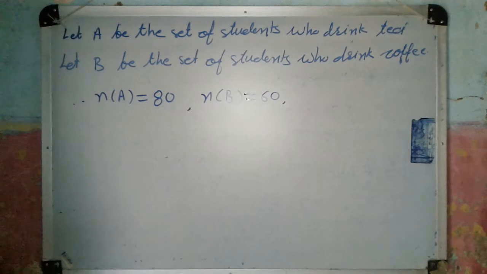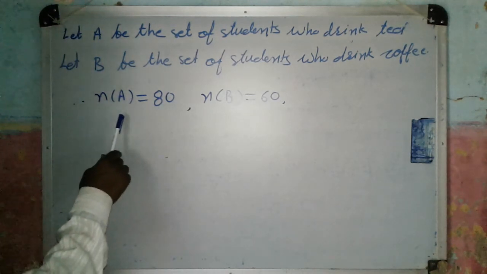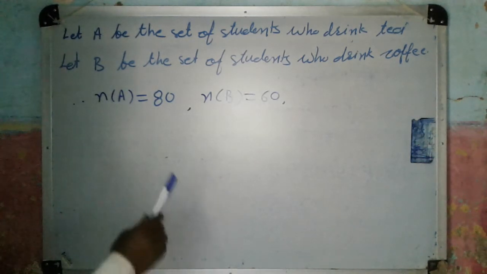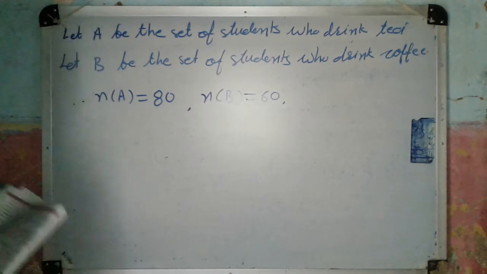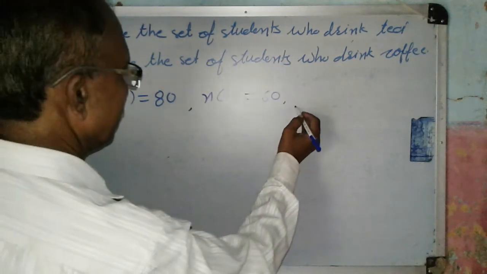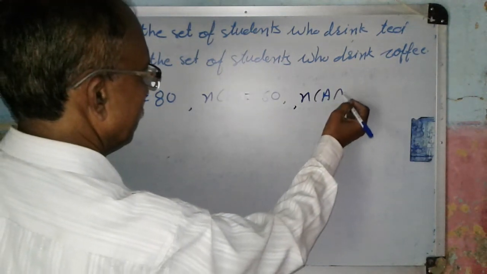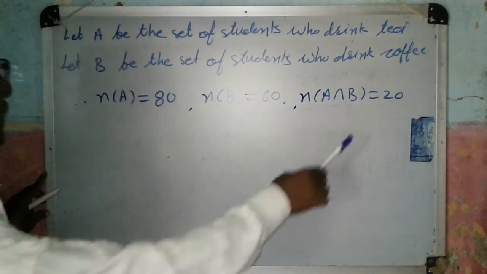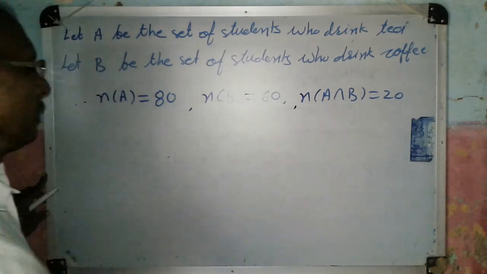And number of students who drink both tea and coffee. That means those students are in set A also and in set B also. That means they are in the intersection of A and B. Those 20 students are in the intersection of set A and B, because these 20 students drink both tea and coffee.